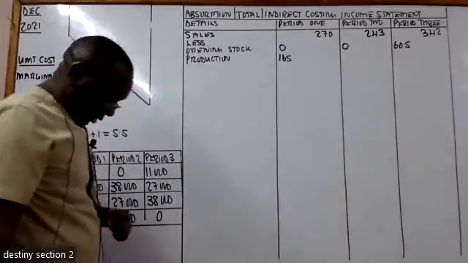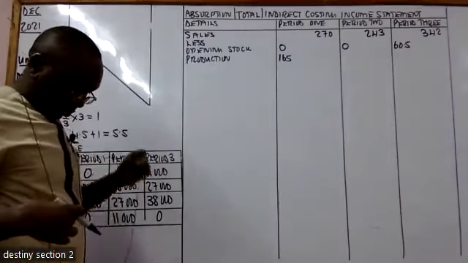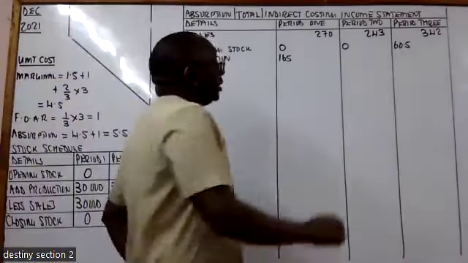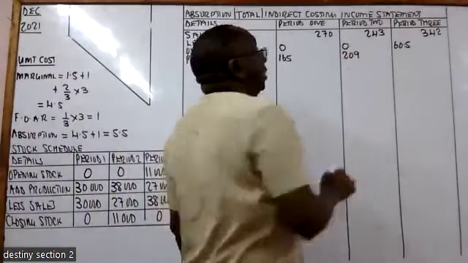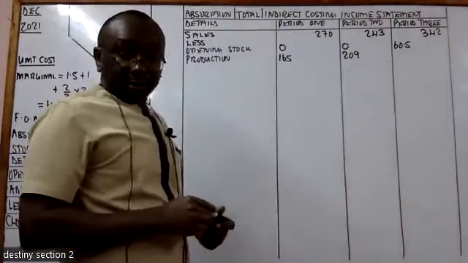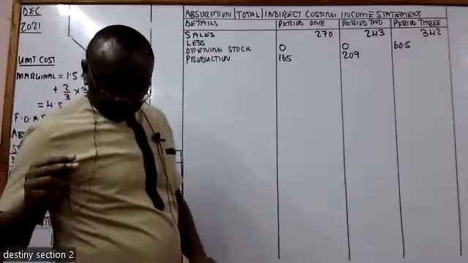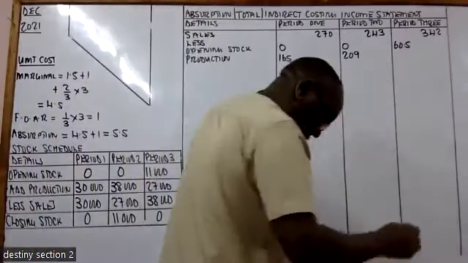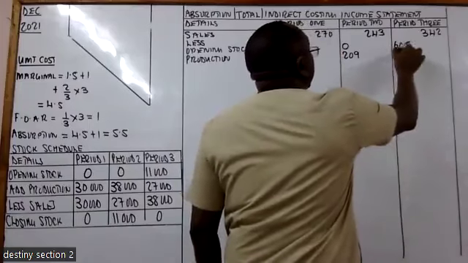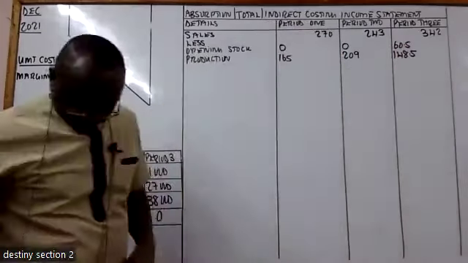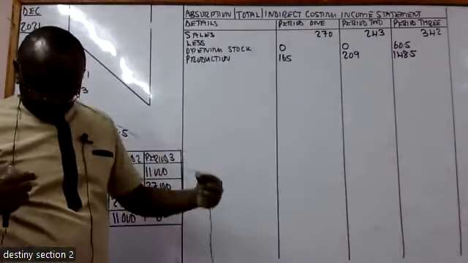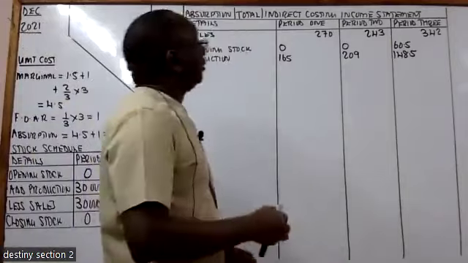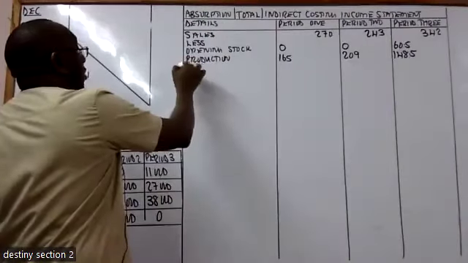In the second period, is 209. In the third period, it's 148.5.